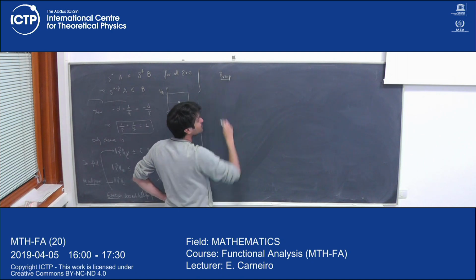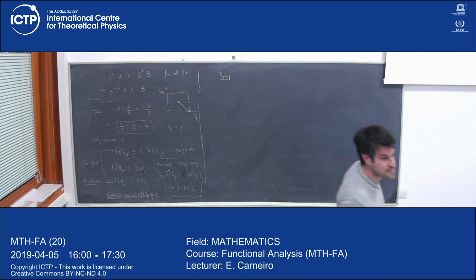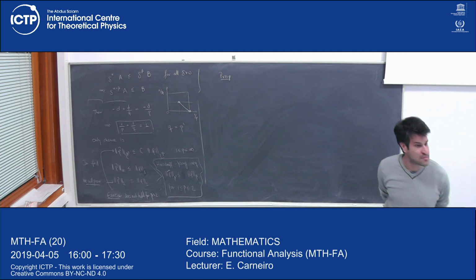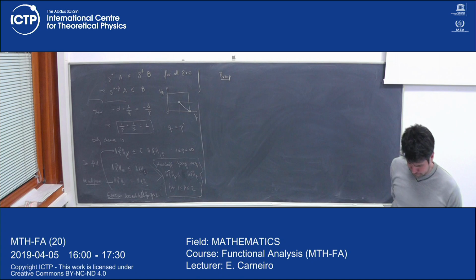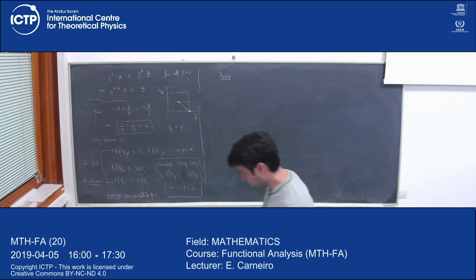So can we prove that it's an isometry only on 2? I think we can, yes. This would prove that the inequality cannot hold for p bigger than 2, because then we'd have a two-sided inequality, which would be an equality.